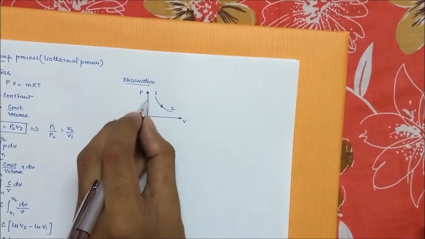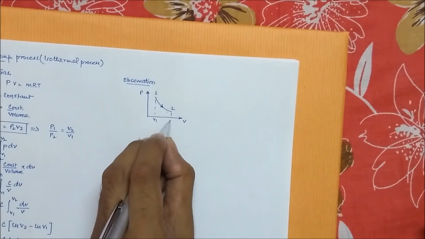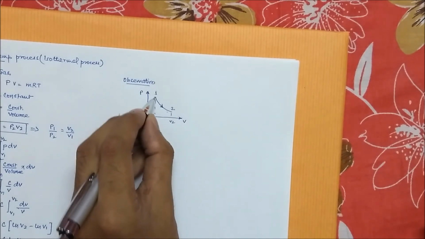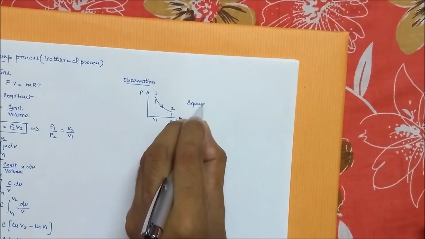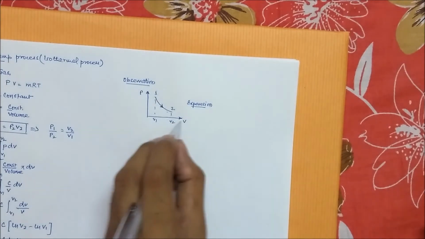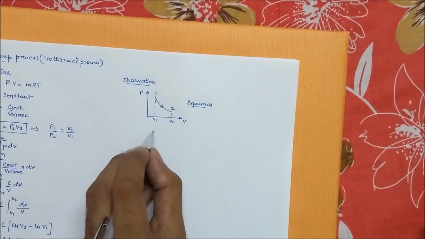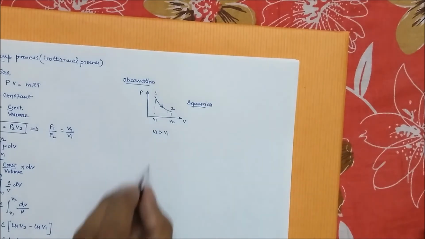As the volume increases from state 1 to state 2, we can say that it's an expansion process, right? When it is like this, V2 is greater than V1, okay?